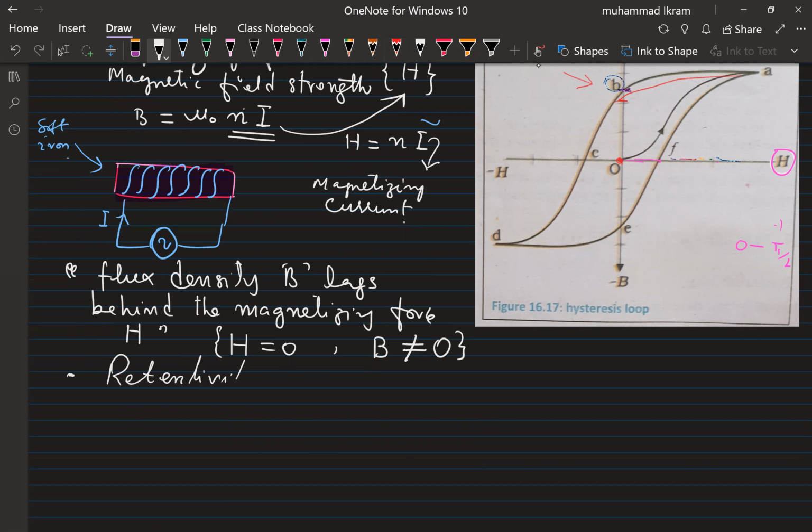Retentivity, right? That retentivity: as H decreases, B reduces, but not to zero.